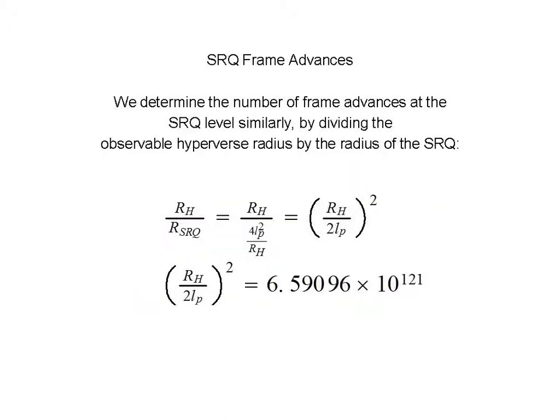Now we can look at the SRQ, the small radius quantum frame advances. We determine the number of frame advances at the SRQ level similarly by dividing the observable hyperverse radius by the radius of the SRQ. And we find that there are r sub h over 2Lp squared frame advances for the SRQ.